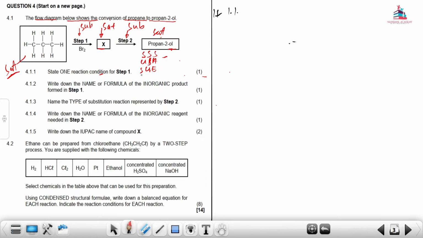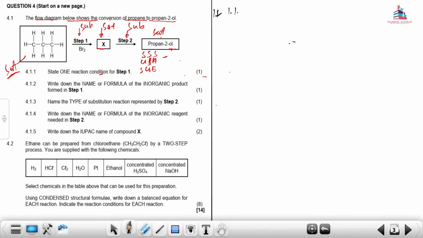If I'm starting from saturated to unsaturated, that will not be possible here, because if I'm starting from unsaturated, I must eliminate. So I'm starting with 3 and then I'm still remaining with 3. So the only thing that step 1 can be, it must be substitution. First thing, step 2 must be substitution as well. So let's answer the questions and then see if this will assist us.